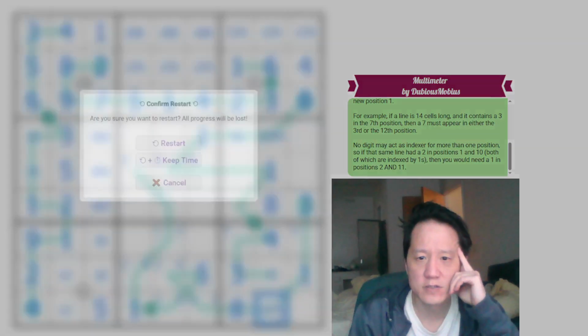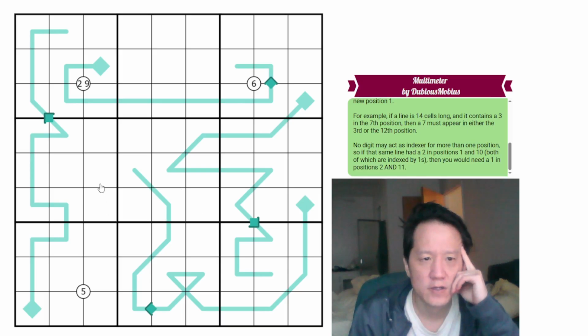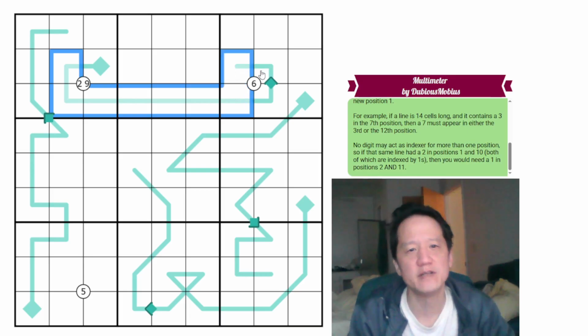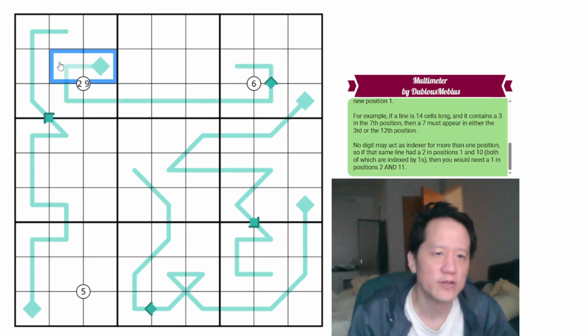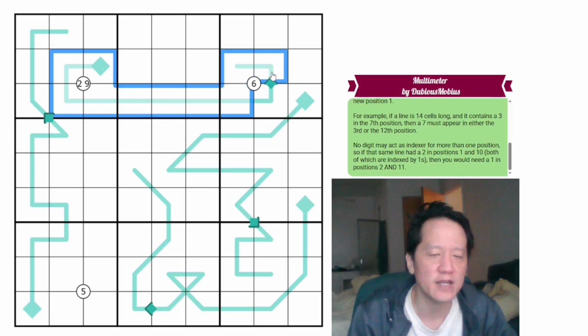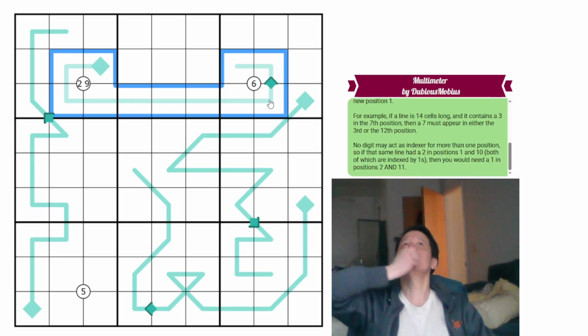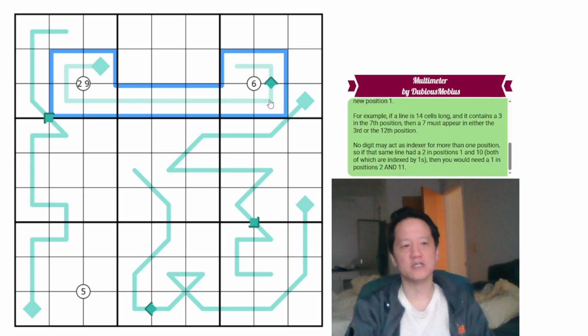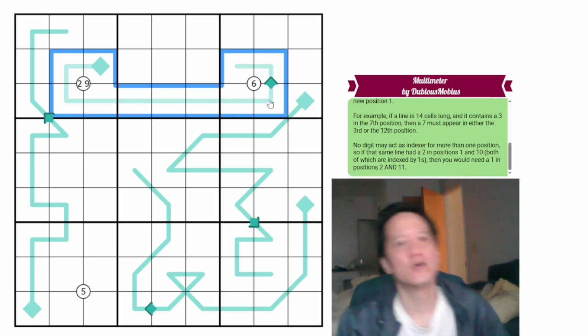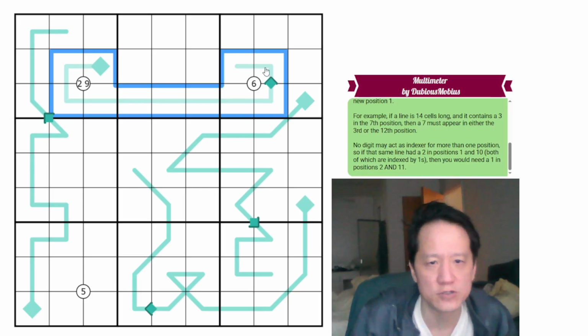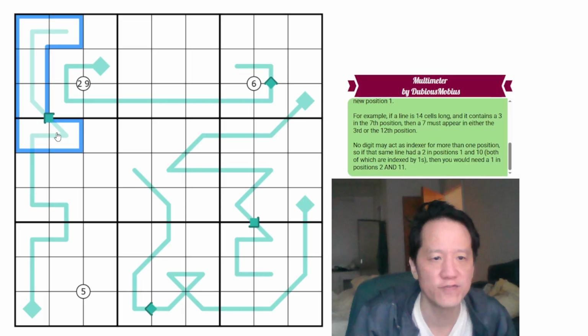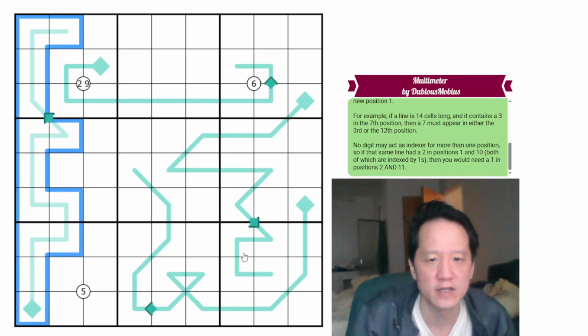Okay, let's go again. So we've figured out sort of how the appendix lines work, right? There have to be enough indexes to match how many index positions there are. So therefore, 1 and 2 are doubled along this line to index those positions. 1, 2, 3, 4 are doubled along these line and this line.